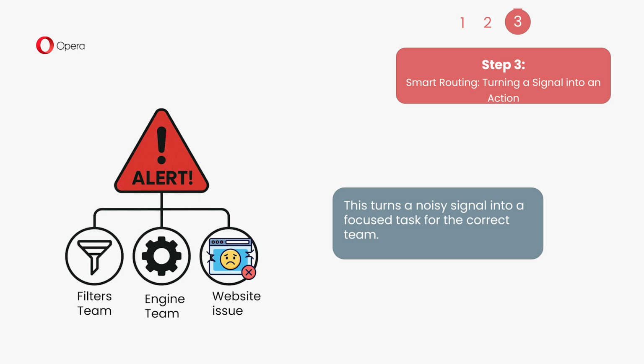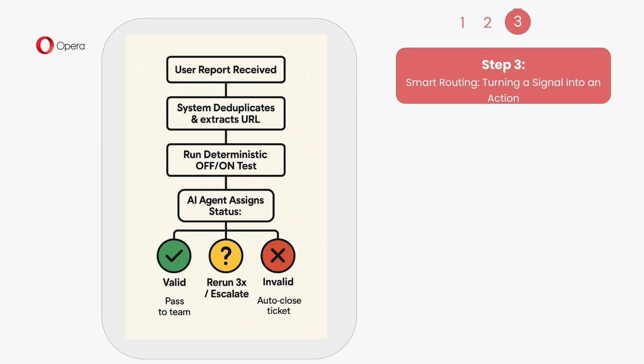We route it to the appropriate team, create a ticket, and notify them. We also integrate it into our user reporting pipeline. So when a user reports an issue, we extract the URL, and then we run this test with visual validation, and we know if something goes wrong.